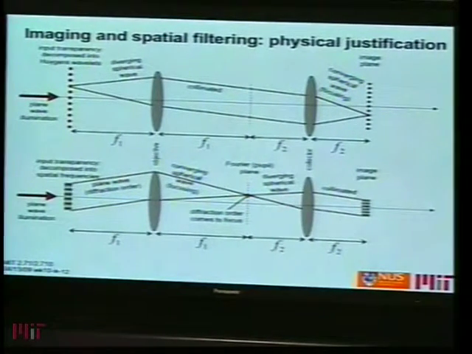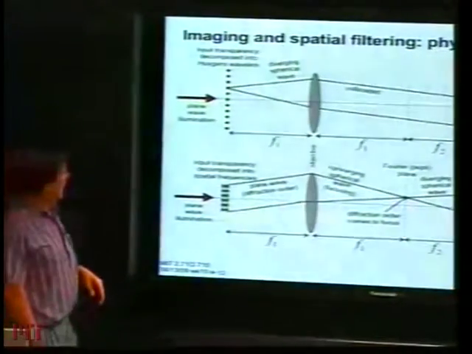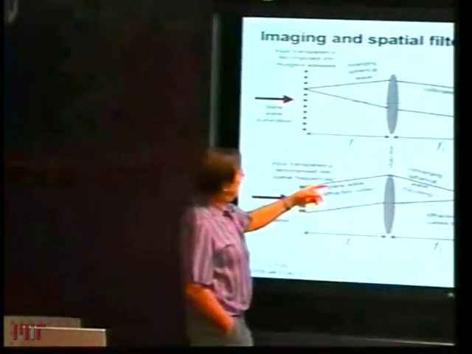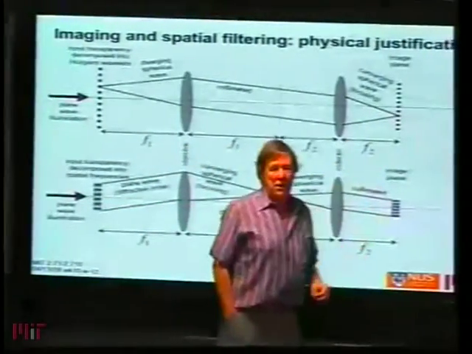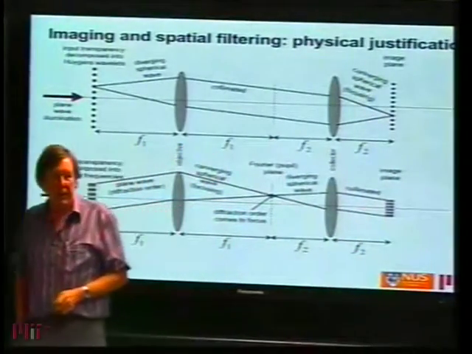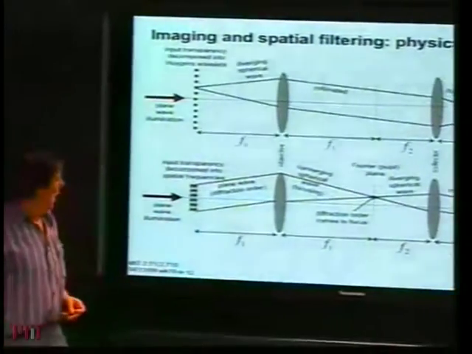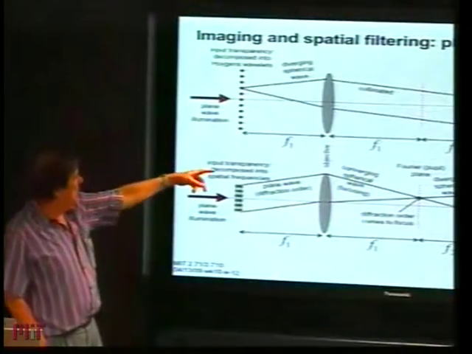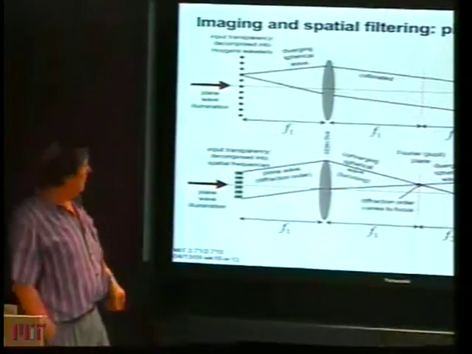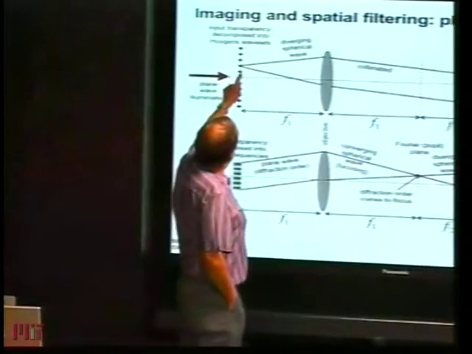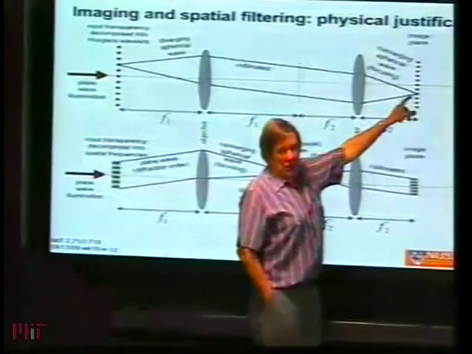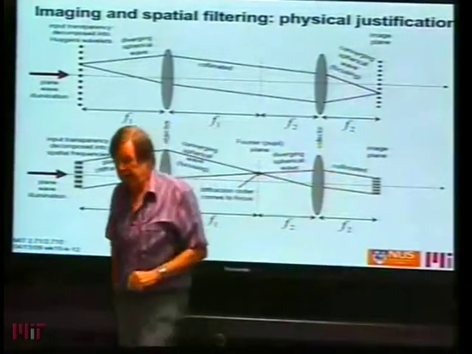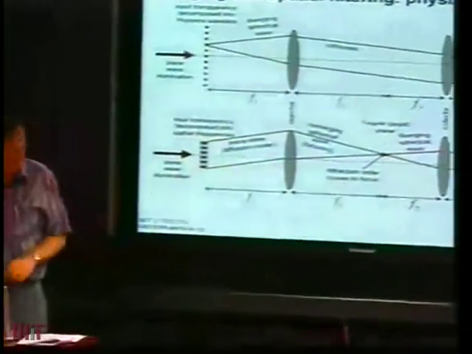So you can see that what you'd expect then is that because in this diagram f1 is bigger than f2, this image is actually smaller than the original object. A note now, you can also see directly the geometry showing the inversion. The point above the axis has come to an image below the axis here. Right, so that's the one way of thinking about it.